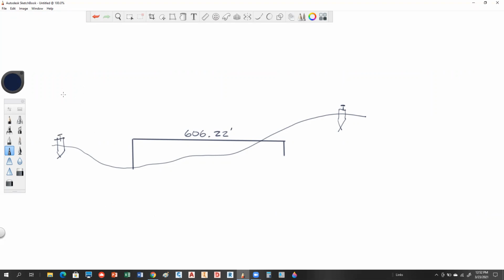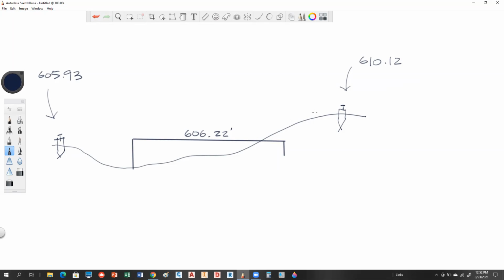So we got an elevation of this one, let's say by differential leveling, that we figured out is sitting at 610.12, and this one is sitting at 605.93. So we need to provide a cut or fill on these stakes.